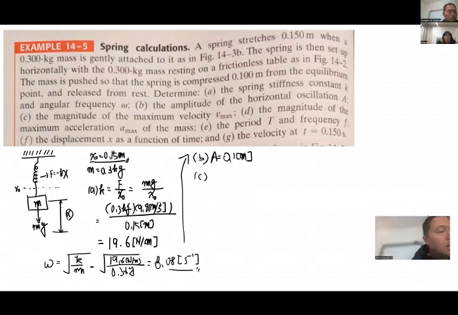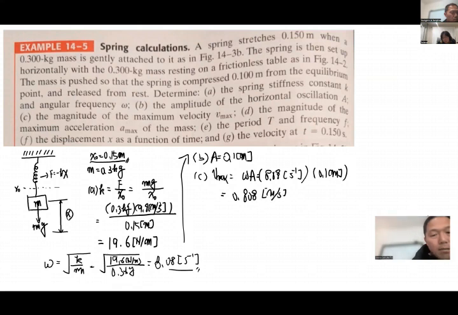And then C, the maximum velocity, should be omega A. So omega is 8.08 per second times 0.1 meter. That leads to the answer 0.848 meter per second. That's the maximum velocity.